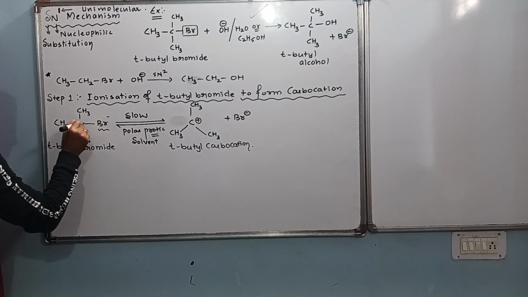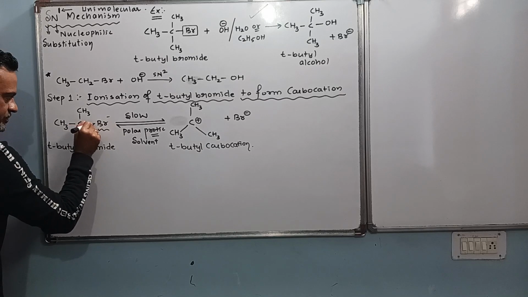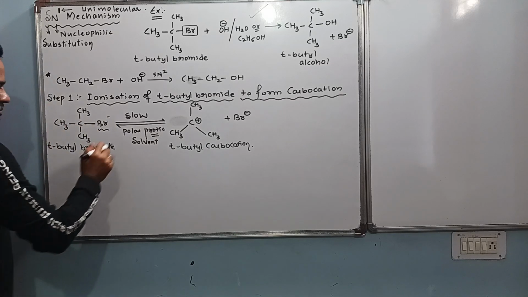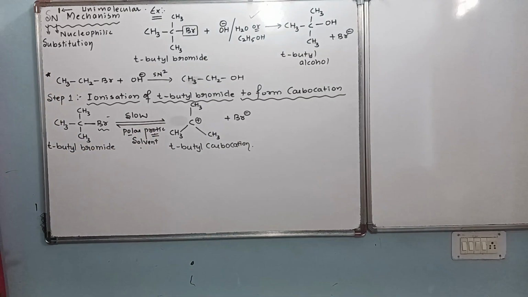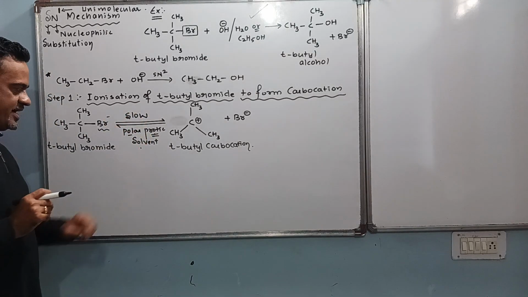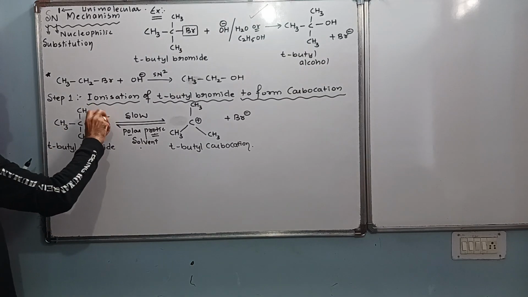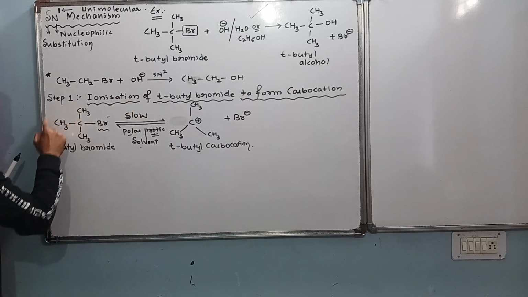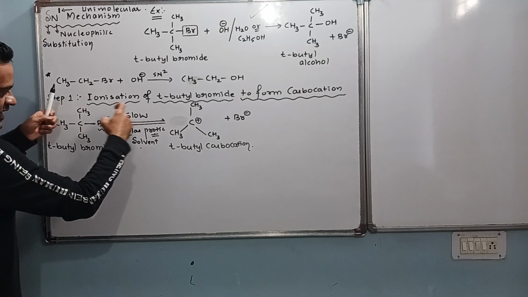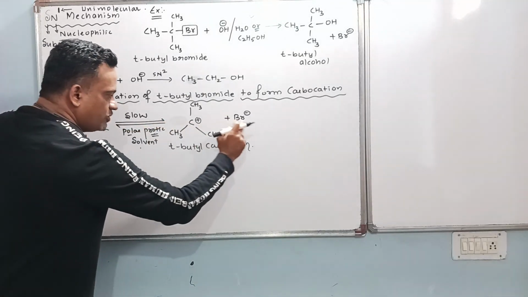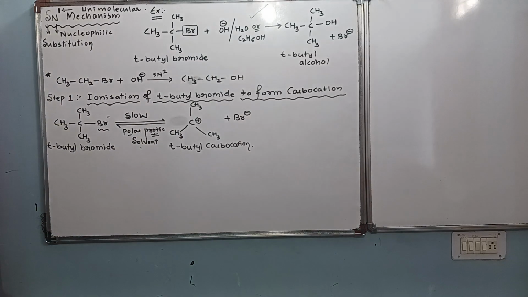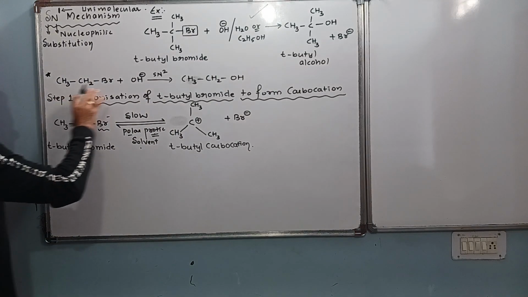So in fact, the bond between C and Br is broken with the help of polar protic solvent. It will help to solvate the leaving part as well as the carbocation part, and hence it will help to break it down. Only if it breaks down, we are going to get tertiary butyl carbocation and bromide. Okay? So this is first step.